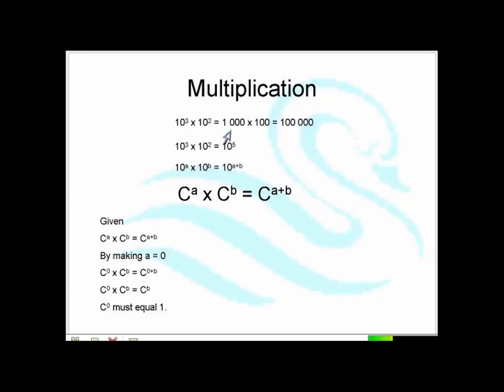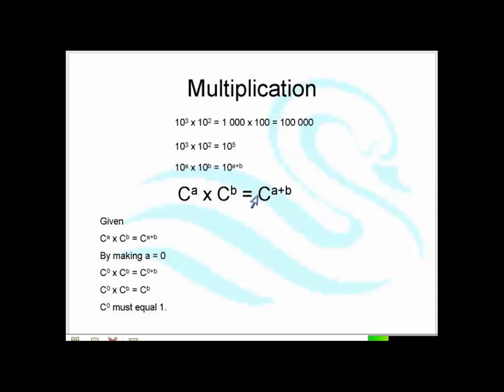Now if you count the zeros, 10 cubed has 3 zeros, so that's 10 to the 3. 10 squared has 2 zeros, so we've got 2 there, and 100,000 has 5 zeros, which is 10 to the 5. So you see 3 plus 2 gives me 5. So when you're multiplying numbers, you're allowed to just add the indices, providing it's the same number throughout.